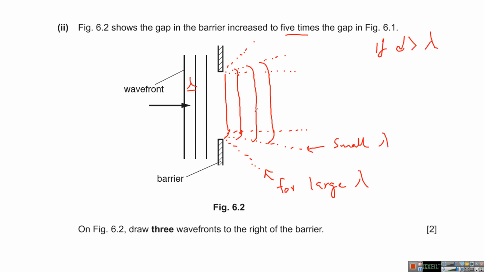So keep that in mind. This is how we're going to solve this, right? So this is the solution for these three wavefronts. Again, 1 point for the accuracy of the wavefronts, and the second is for keeping the lambda the same as this one, right? It should be the same.